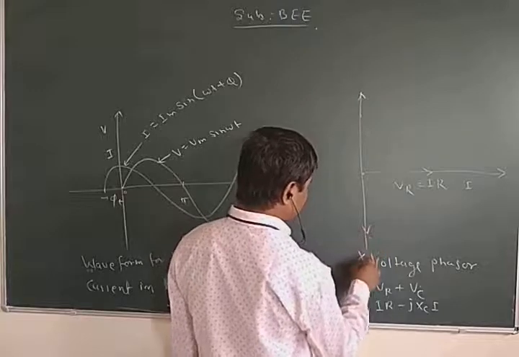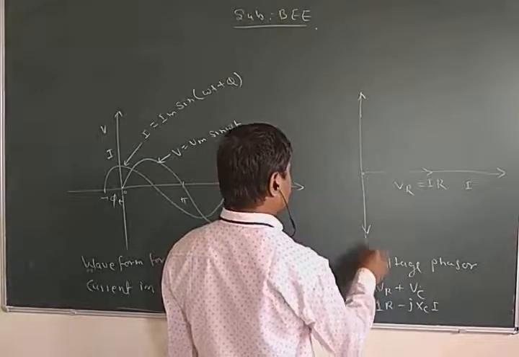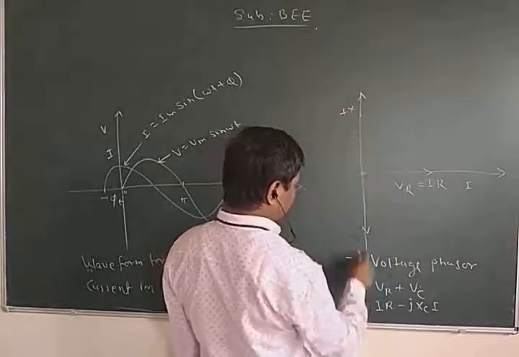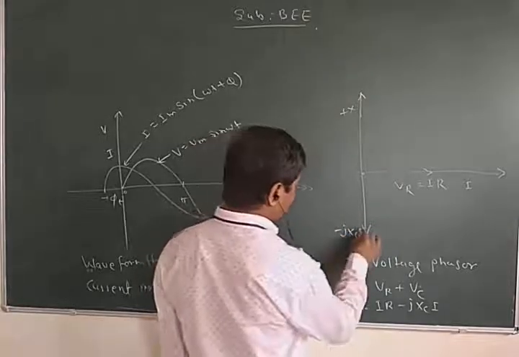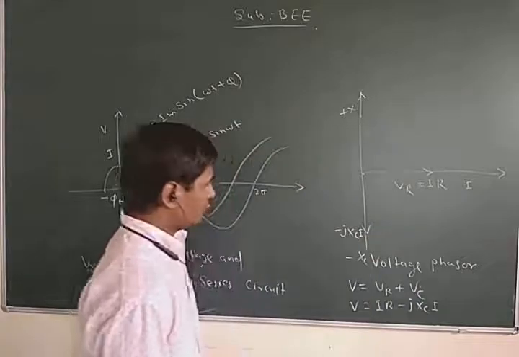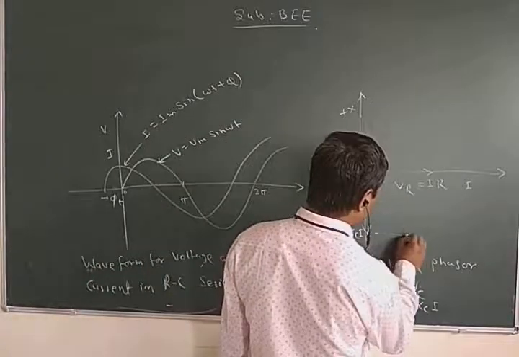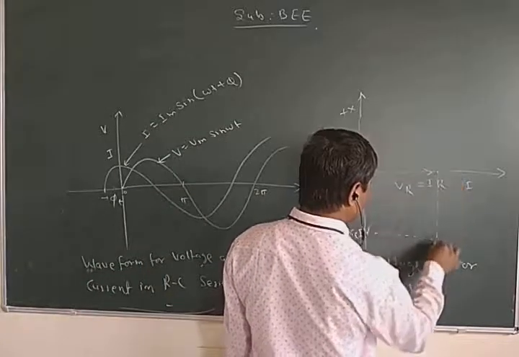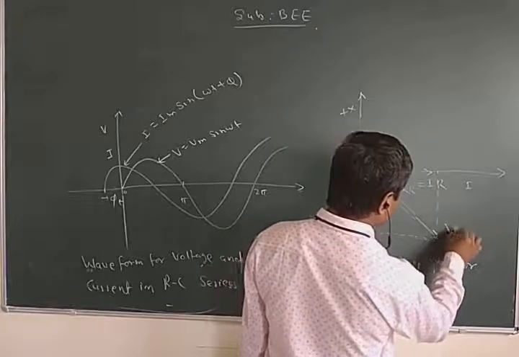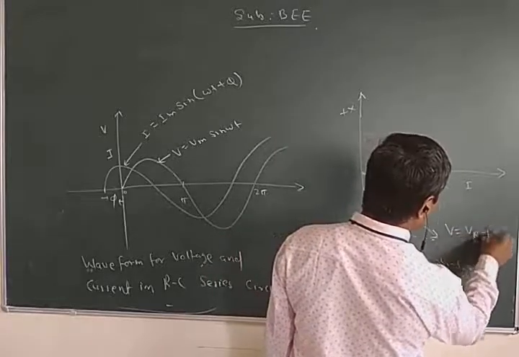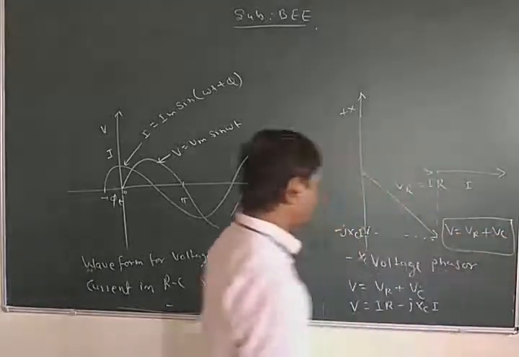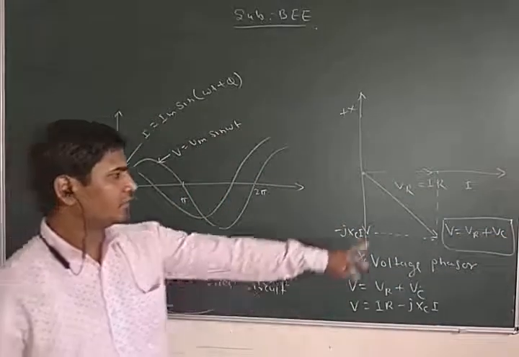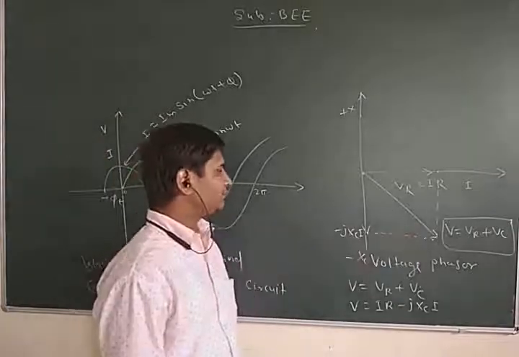So here is minus jXC into I. So the total voltage V is equal to VR plus VC. This is the voltage phasor for the RC series circuit.